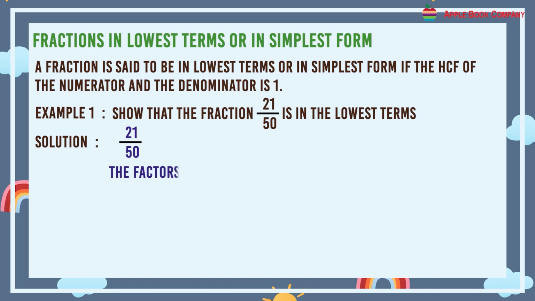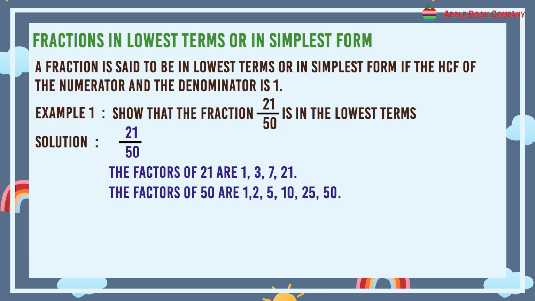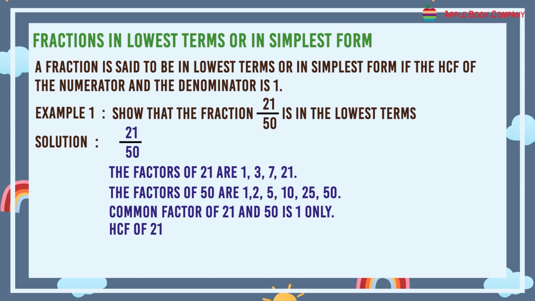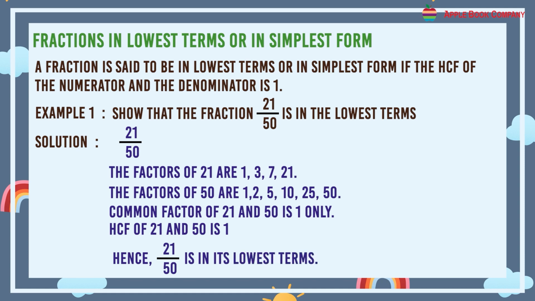The factors of 21 are 1, 3, 7, 21. The factors of 50 are 1, 2, 5, 10, 25, 50. Common factor of 21 and 50 is 1 only. Therefore, HCF of 21 and 50 is 1. Hence, 21 by 50 is in its lowest terms.